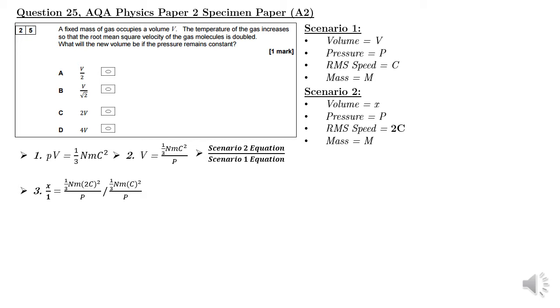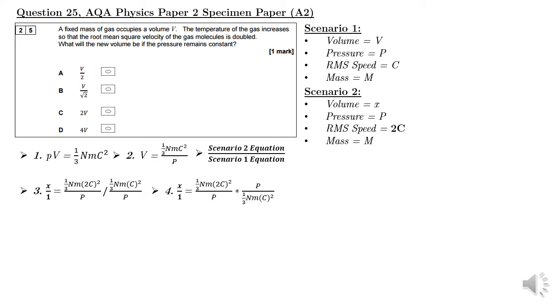So we map it out by first writing the equation for scenario 2, which is a third N m, brackets 2c squared, because the RMS velocity is doubled. Divide that whole thing by p. And then we divide that by the scenario 1 equation, which is a third N m c squared over p.